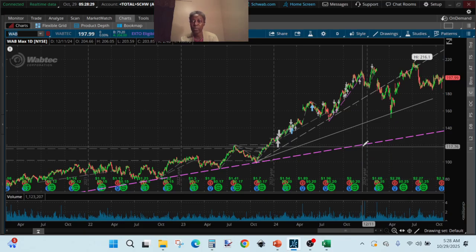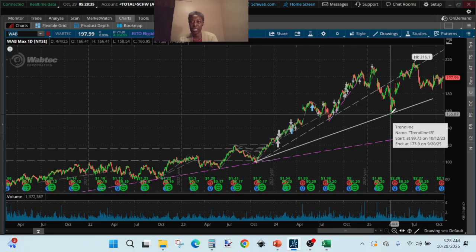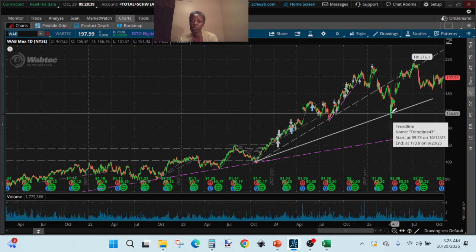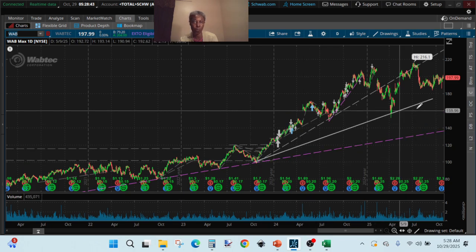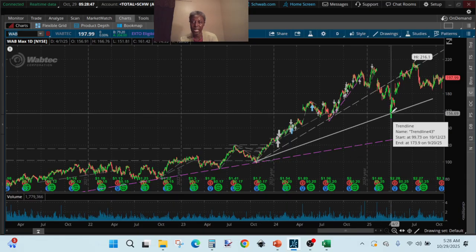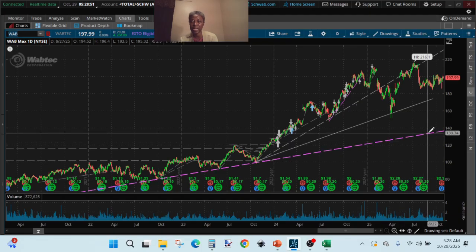We just don't know if it's going to come down to it or not, but at this point it used this as a support line and went back up from there. So we don't know if this is going to be the new value line. It just does not have a lot of touch points for me to rely on it being the new value line. So there is a possibility it might come back down to this.